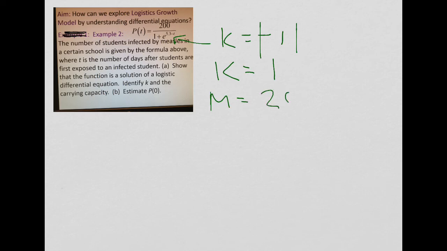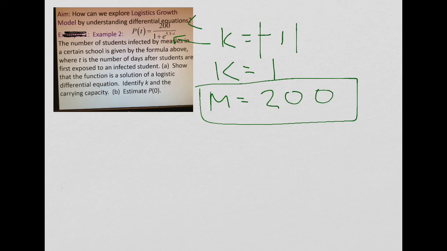All right, so I'm going to go through. The k we can see is actually the absolute value of negative 1, it is 1. And our carrying capacity is our numerator of 200. So our carrying capacity for the last problem was also 200.